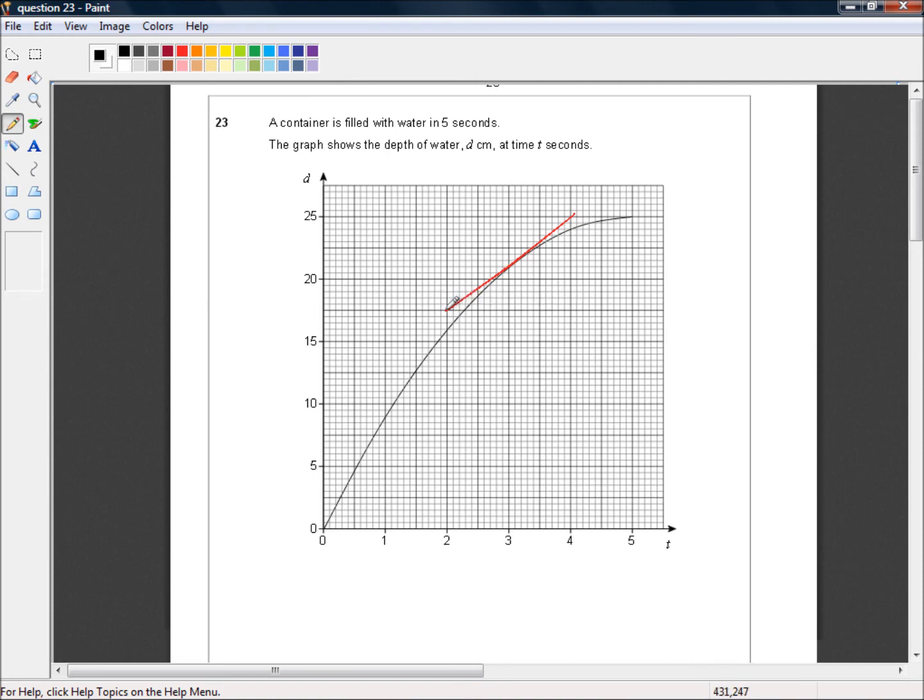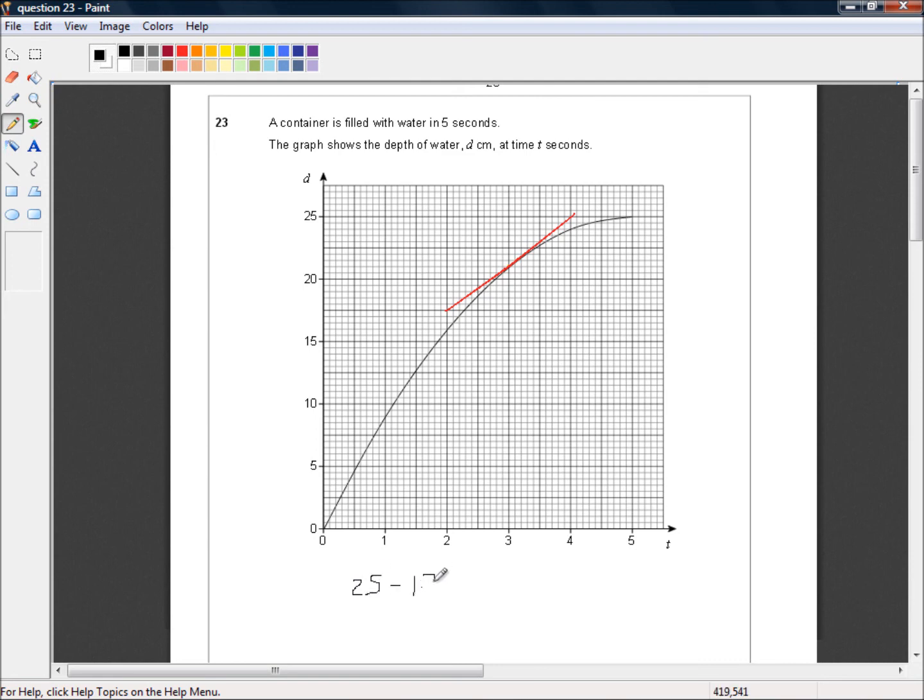So it goes across from 2 to 4, so the run is 2, and the rise, where I've chosen to stop, goes from halfway between 15 and 20, which is 17.5, up to 25. So our calculation is 25 minus 17.5.